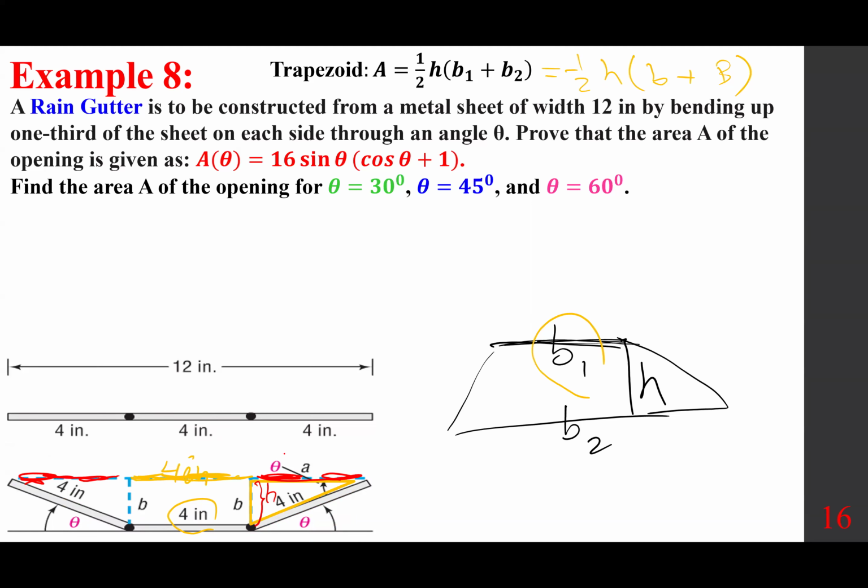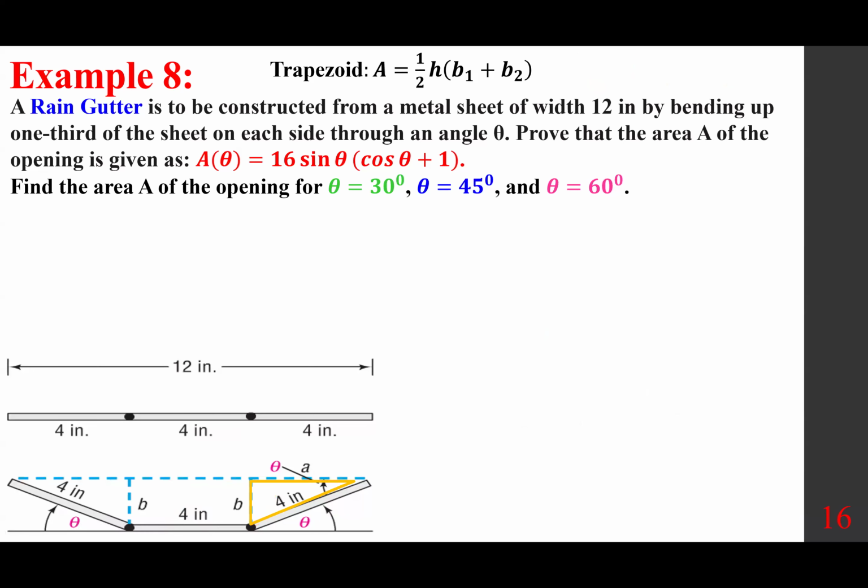So I'm going to erase my work. And again, this is theta, everybody. And if you look at this angle, sine theta and cosine theta, what are they equal to? Sine theta is the opposite.